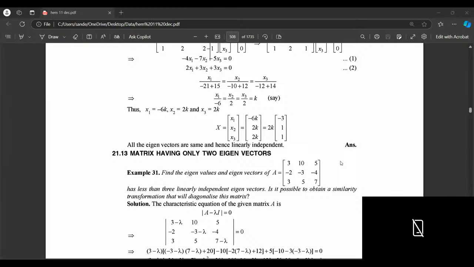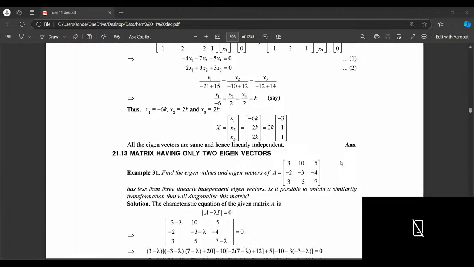Then for the second eigenvector, for the repeated lambda, you adopt the same method as in non-symmetric matrix with repeated roots. Choose x equal to k1, y equal to k2. Then either you take k1 equal to k2, or k1 is 0, k2 is 1, or k2 is 0, k1 is 1. So find the second eigenvector.